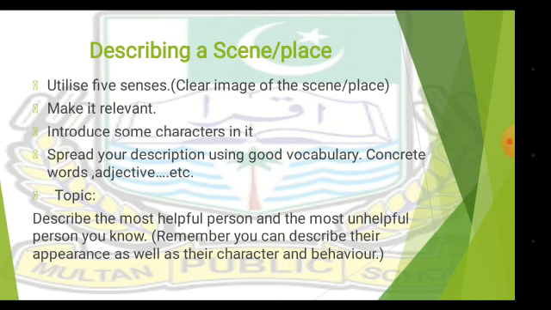Make it relevant. Relevance is to highlight its significance in the current scenario. Means what is the significance in the present time. Then introduce some characters in it, because characters will make it or give it life.